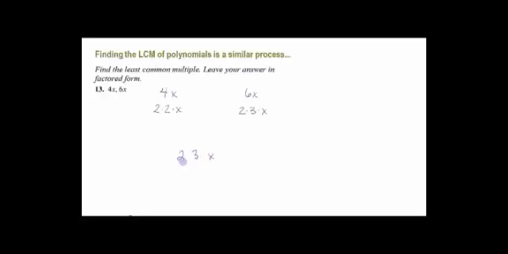How many times will I use 2? It shows up twice here, once here, so I'll use it twice. 3 shows up once here, no times there, so I'll only use it once. x shows up just once there and once there, so I can only use it once. When I multiply these together, I get 12x. 12x is the LCM of 4x and 6x.